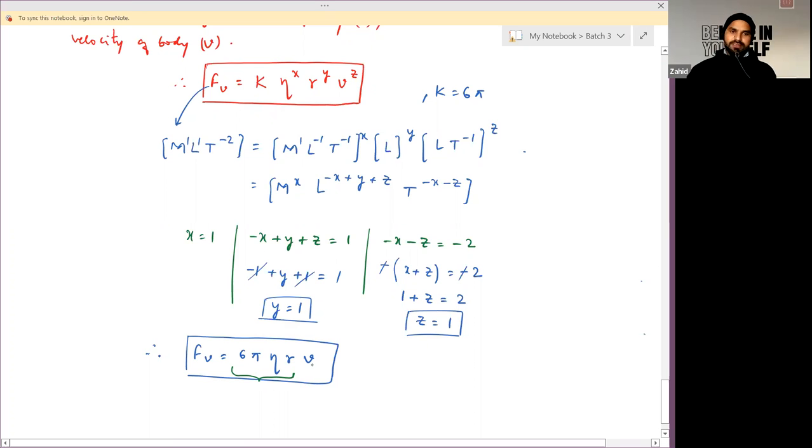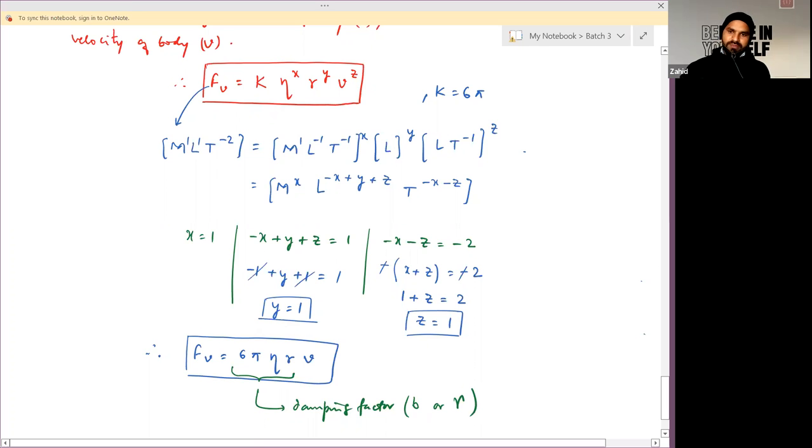So these factors will be responsible for the opposition caused to that particular object. So this is also called the damping factor. The factor which causes opposition to that movement is called the damping factor. It may be denoted by B or sometimes gamma.